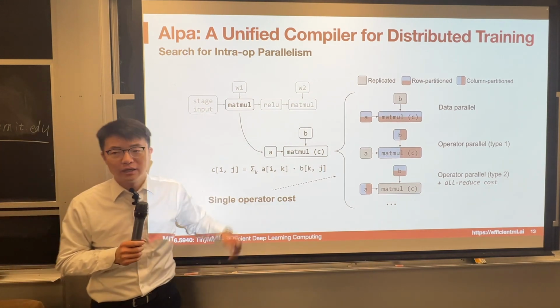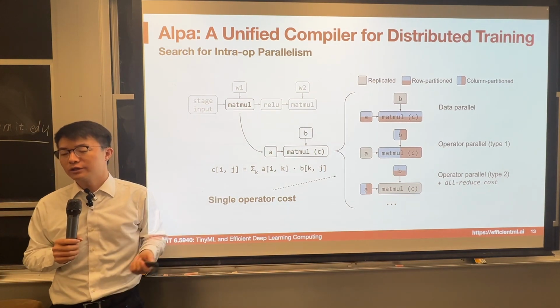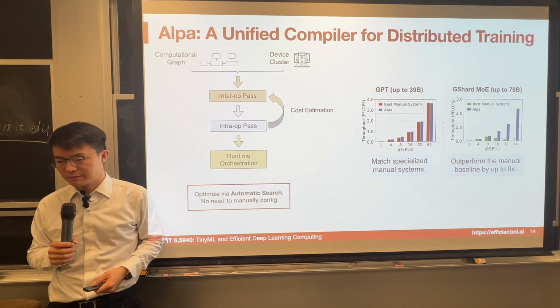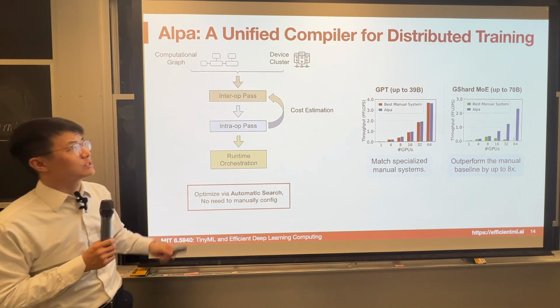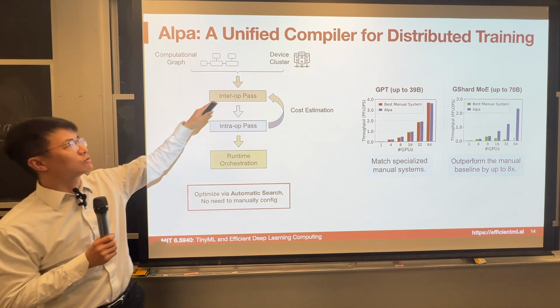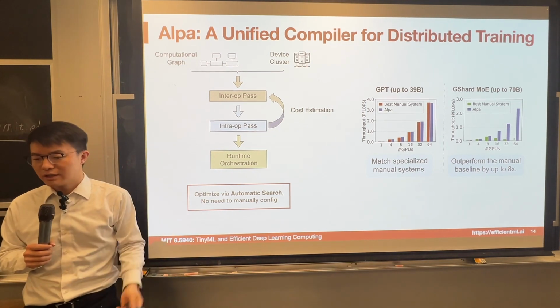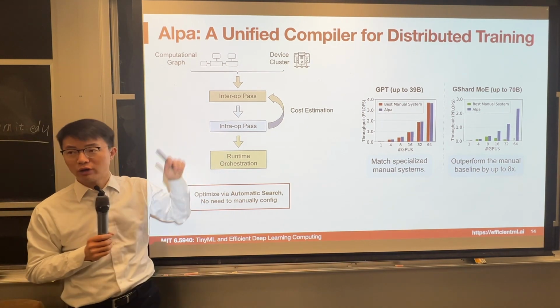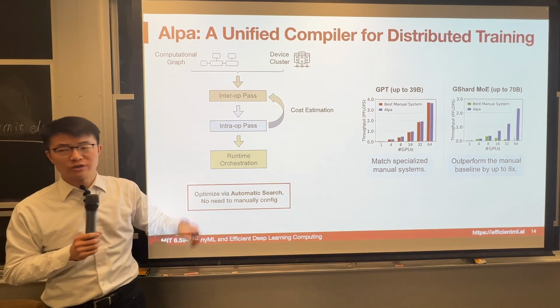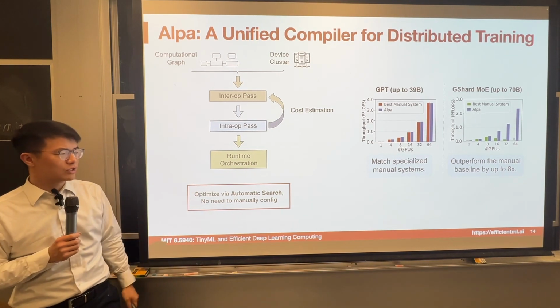And this is basically the design space for intra-operator parallelism. So what ALPA does is a unified compiler for distributed training to first figure out the best inter-operator pass, and then the intra-operator pass, and then orchestrate them to perform the runtime orchestration.